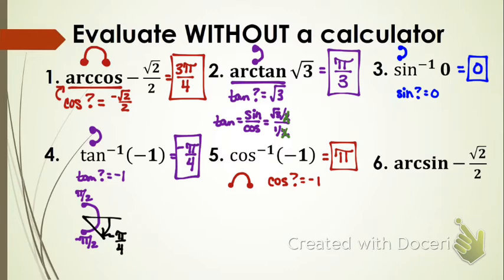Cosine is -1 over at pi. What about number 6? -pi/4. Because if it was positive, that would be pi/4. So if it's negative, it's going to be -pi/4. Yes, ma'am?